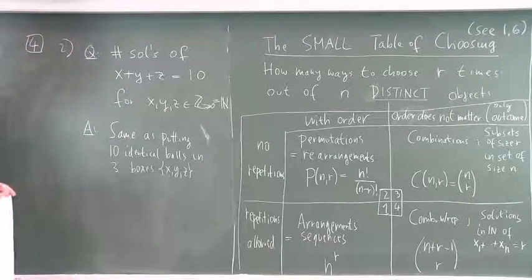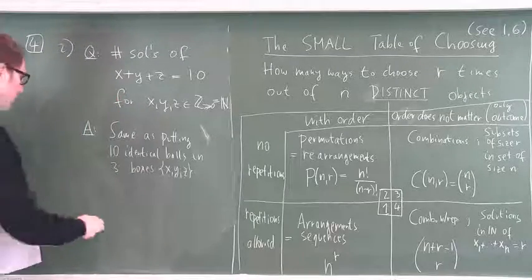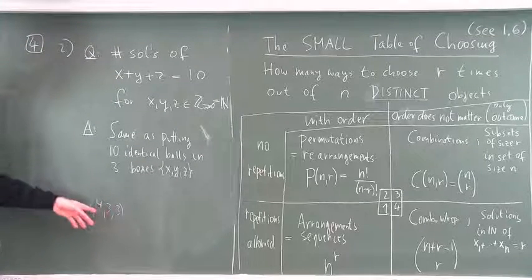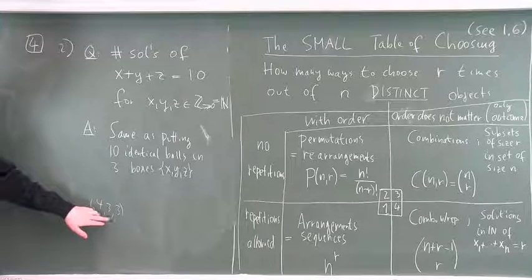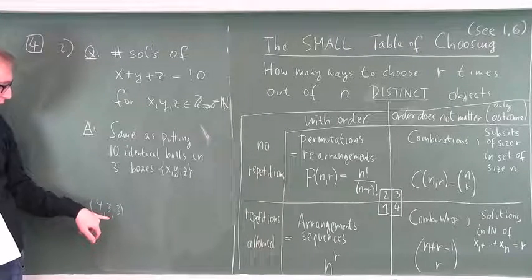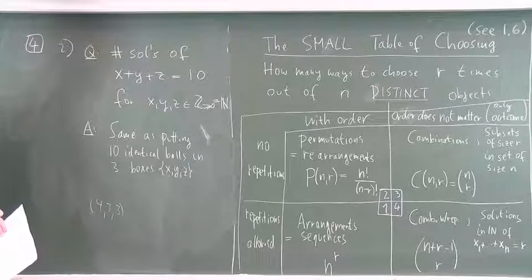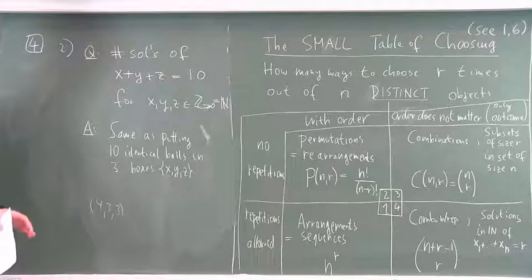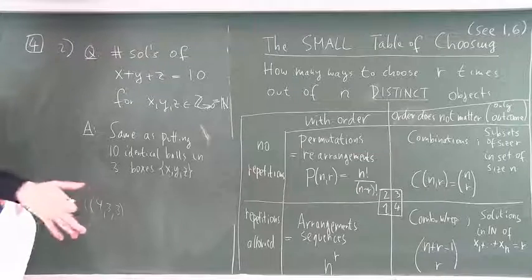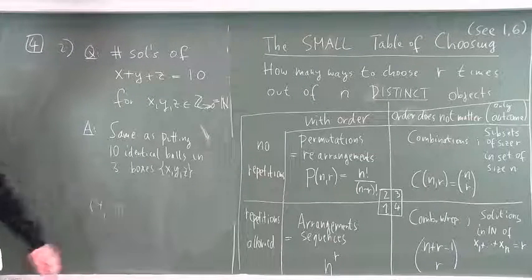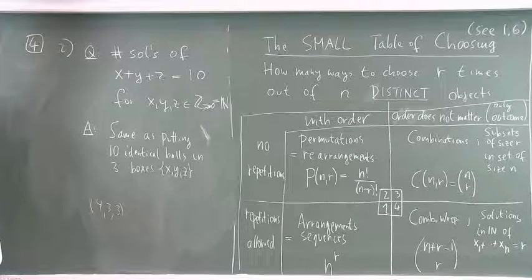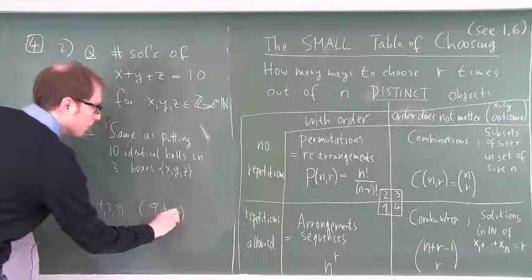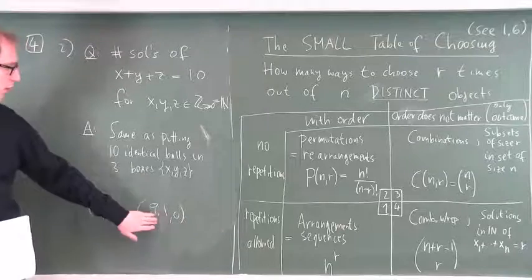If you have a solution here, maybe the solution is 4, 3, and 3. Well, you can just think about it as 4 balls sitting in box X, 3 balls sitting in box Y, and 3 balls sitting in box Z. And now all the solutions you can think about in this way, where you put 10 identical balls in these 3 boxes and you just look at the outcome. And of course it's also possible that maybe you have 9, 1, 0. That would mean there's no ball in the last box, only in the first 2 boxes.